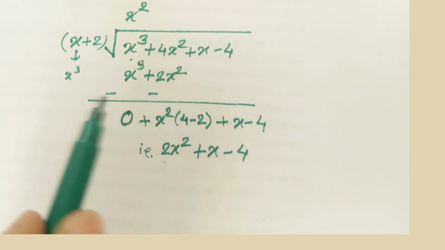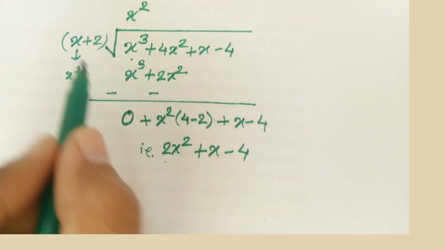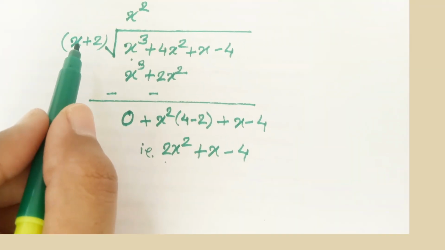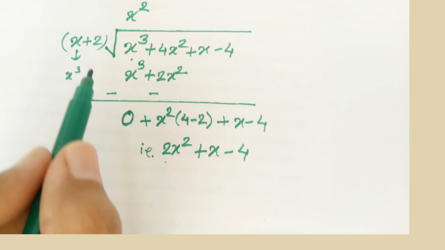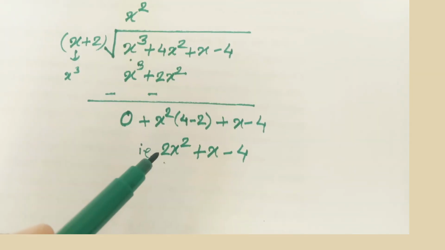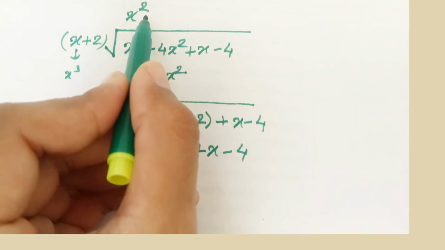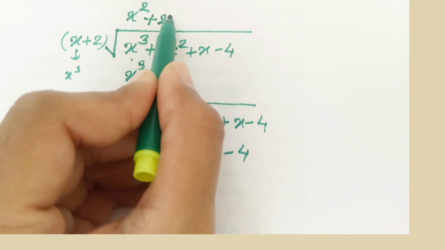For that we have to multiply this term by 2x, because to convert into square form you have to multiply x, so we get x squared, and for this 2 you have to multiply 2, so we multiply the term by 2x.